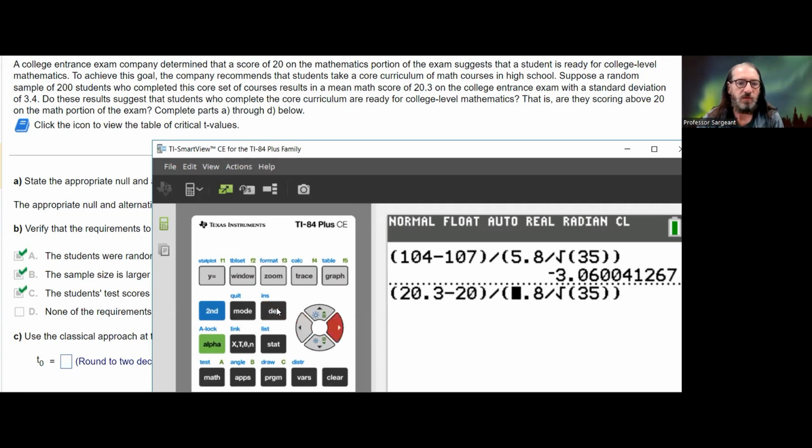Then divide by the sample standard deviation of 3.4, and within that overall division, divide the standard deviation by the square root of the sample size, 200.